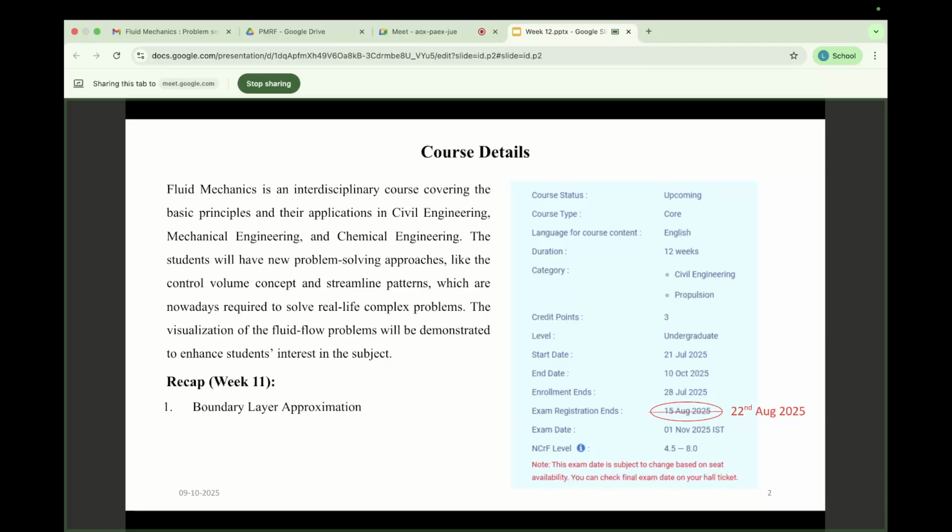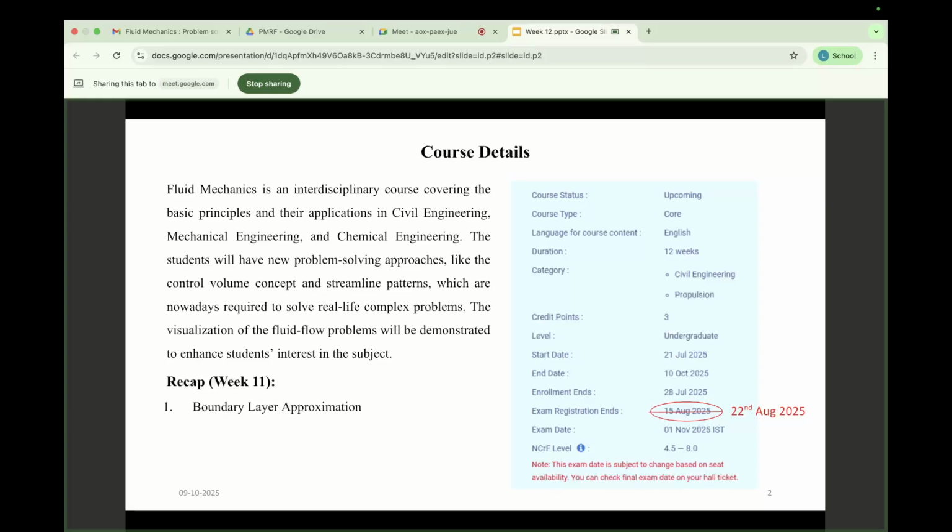Even Bernoulli's equation and the Navier-Stokes equation, all these fundamental concepts will help you in your BTech project, if you are interested in doing some aerodynamic problem or any fluid-based problem. That will be quite essential.